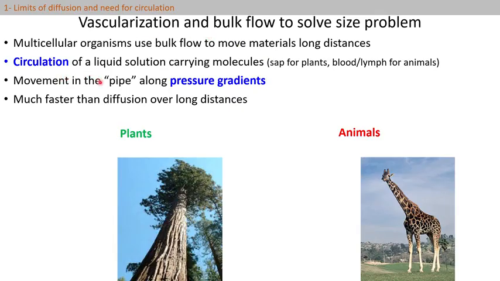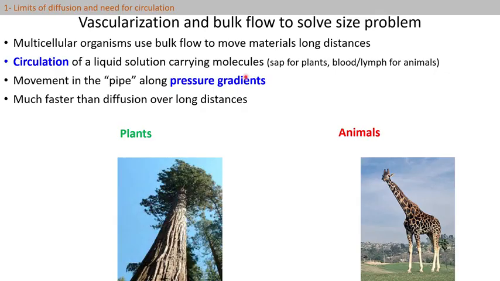The movement will happen in a pipe. That's common to plants and animals, even if then there are differences. And the key engine is not concentration. So you remember for diffusion, concentration is what matters. Well, in that case, it's pressure gradients that matter.